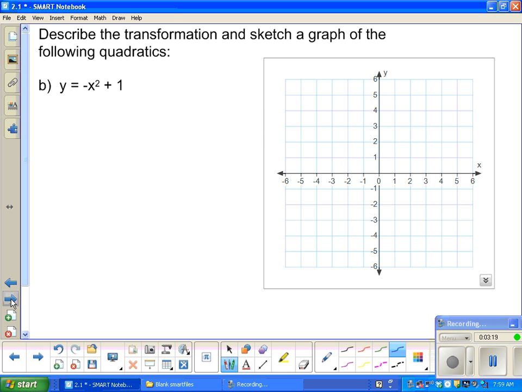Describe the transformation again. This time, we're going to have a reflection, and we're going to shift up 1.